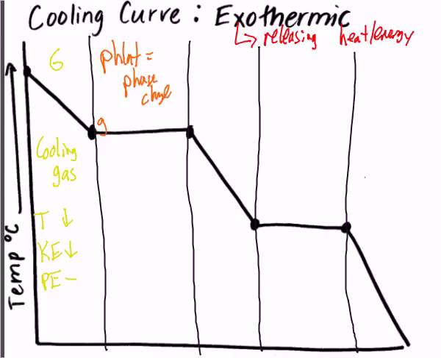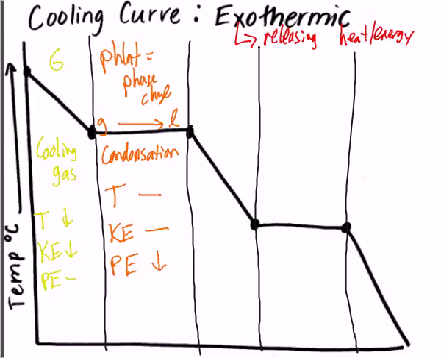What phase change? We're going from a gas to a liquid, which is known as condensation. Okay, so temperature is constant, kinetic energy is constant, potential energy is decreasing, right? Since we're removing energy from the system the entire time, potential energy now is going to decrease.